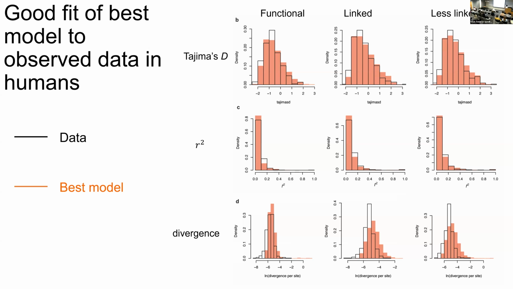This is many different statistics shown for different parts of the genome, like the functional part, the linked part, the less linked part. The basic point is that the orange and the black distributions overlap pretty well. If you simulate what you think is your best model, that's the distribution of statistics you get compared to what you are observing. So it's a pretty good fit.